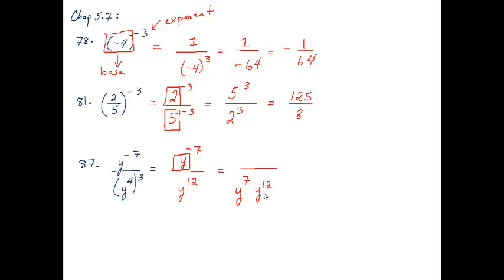His exponent is positive, so he stays where he's at. And who's at the top? The invisible 1 comes out to play. So now I have 1 divided by, and think back to 5.3. When you're multiplying like bases, the rule is to keep the base and add the exponents. So I get 1 over y to the 19th power.